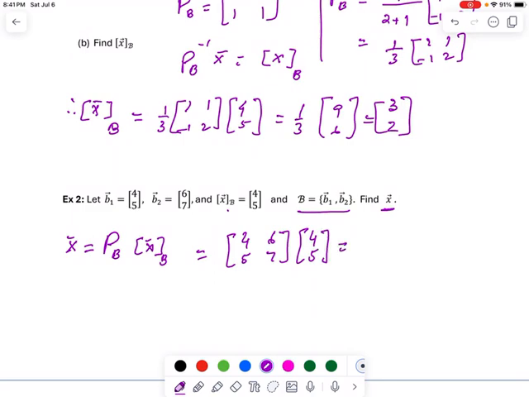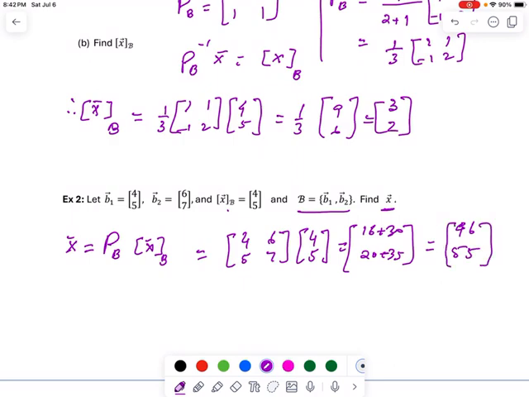So we multiply 4 5 6 7 by 4 5. Four 4s are 16, 16 plus 30 gives 46, and the second is 20 plus 35, which gives 55.